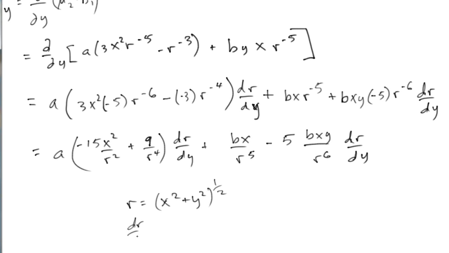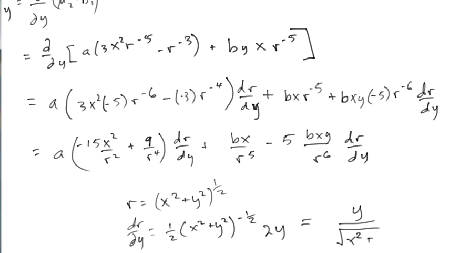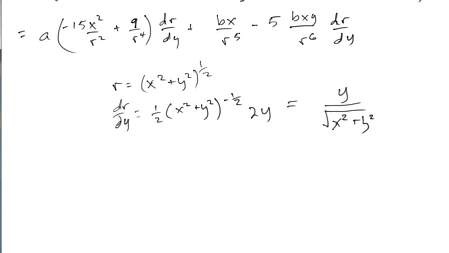So dr by dy is 1/2 all this to the minus 1/2 times the derivative of the inside with respect to y, which is equal to y over square root of x squared plus y squared, which is y over r. So dr by dy is equal to y over r.